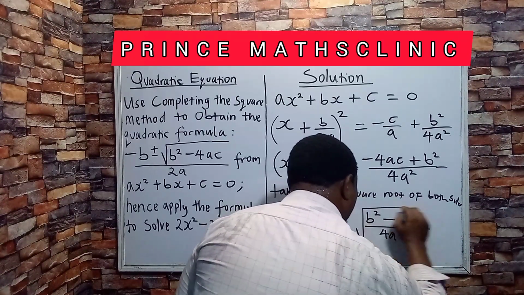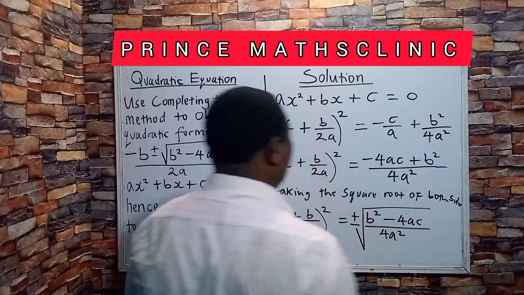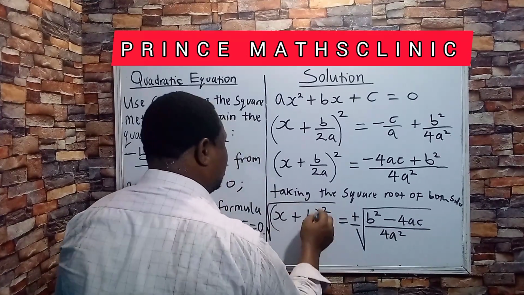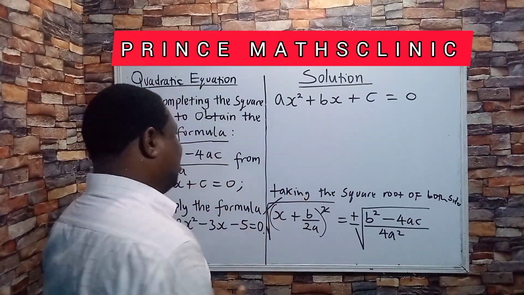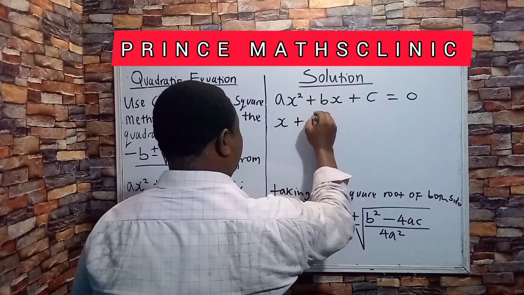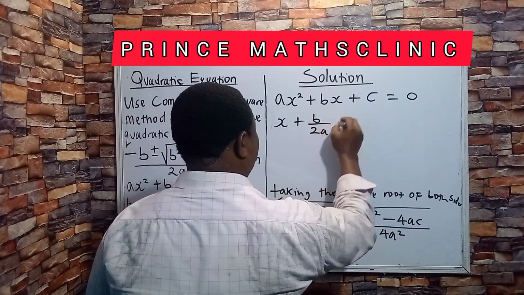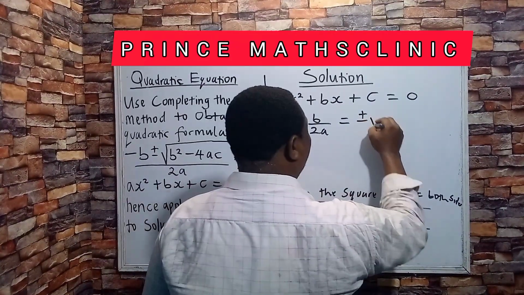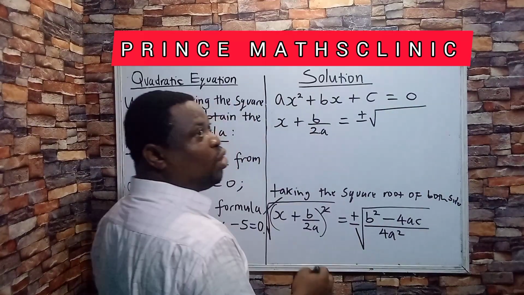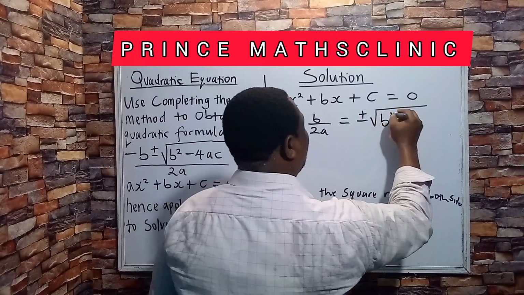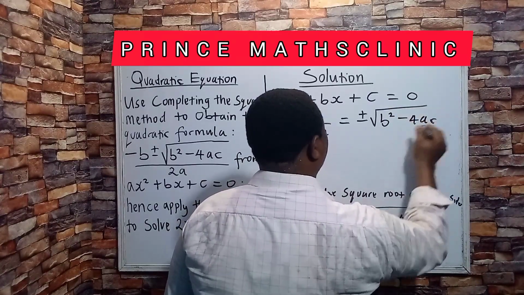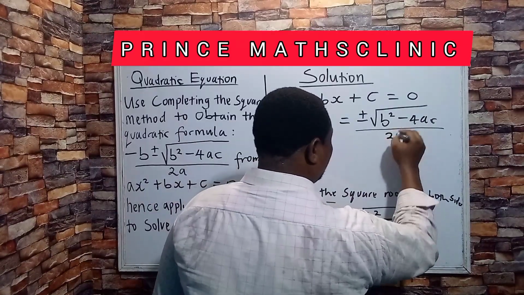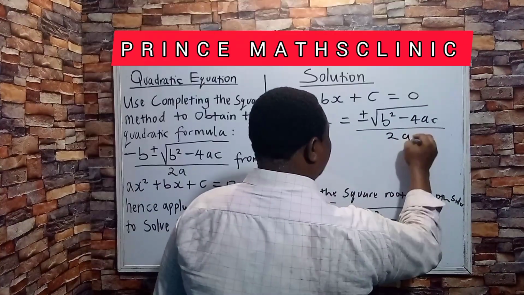So you take the square root, and the square root comes with plus or minus. The square cancels the square root on the left, hence we have x plus b over 2a equals plus or minus. The square root of the numerator cannot be found expressly, so you leave it as the square root of b squared minus 4ac, over the square root of 4, which is 2, and the square root of a squared, which is a.